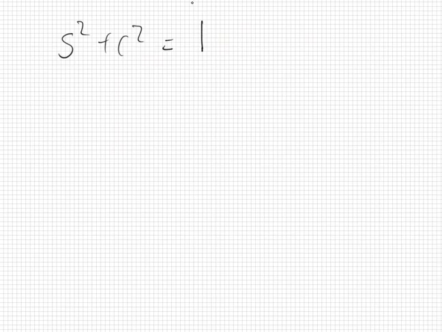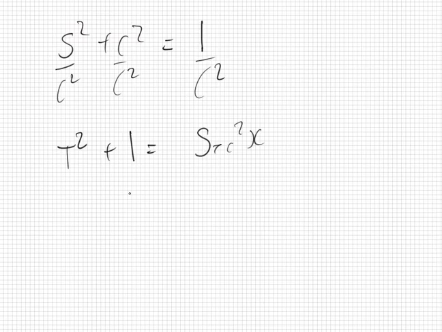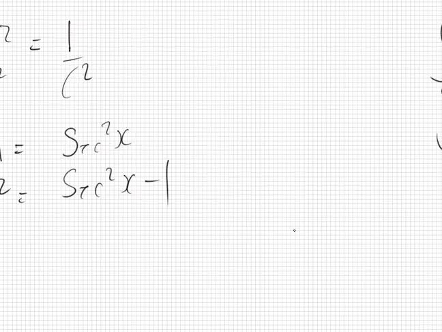Now what's sec? It's 1 over cos, isn't it? So if I divide all of these by cos squared, what's sine over cos? Tan squared plus 1 equals sec squared. So therefore tan squared, sorry I wrote it backwards, is sec squared minus 1.